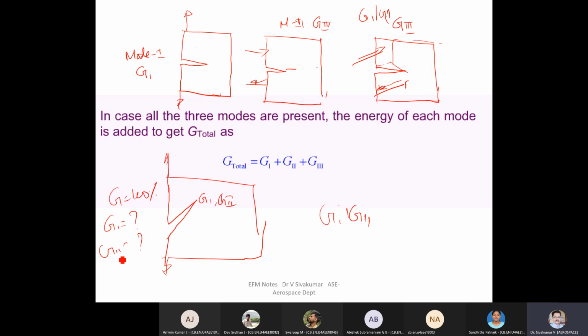If G3 is also available, then G3 also. So G1 plus G2 plus G3 should be equal to G. Suppose this is 100% energy, this may be 20, this may be 40, this may be again 40, or any combination. This is called mixed mode. People call these mixed mode problems.